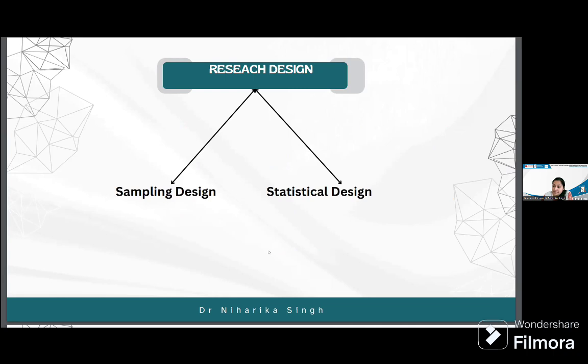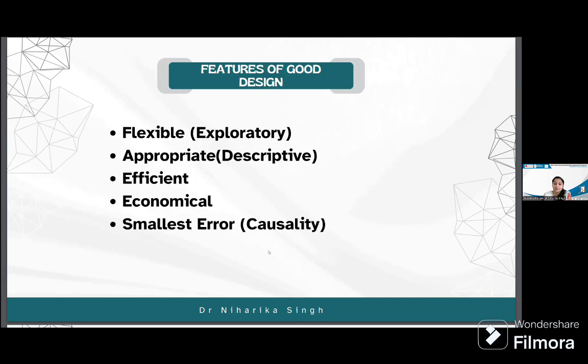We in social sciences and management generally focus on sampling design and statistical design for research. There are other observational designs and so on, but here we generally focus on sampling and statistical designs.